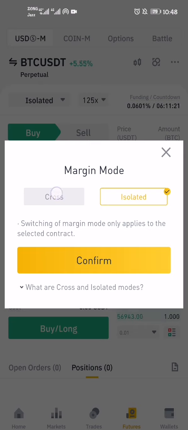But in cross margin mode, all of your futures account balance is used to lower your liquidation price. So we suggest playing with isolated mode, and if you have lots of funds and you want to decrease your liquidation price, you can play with cross too.